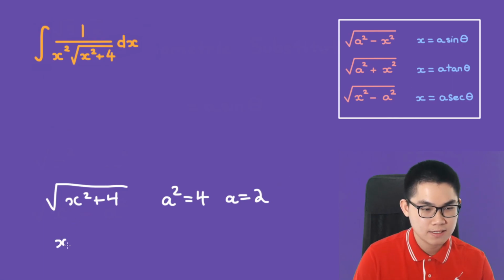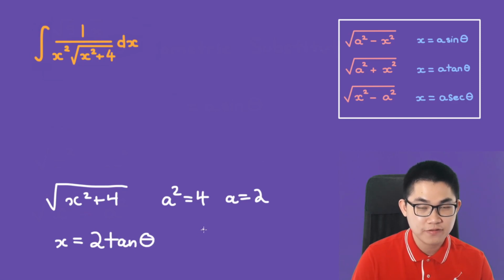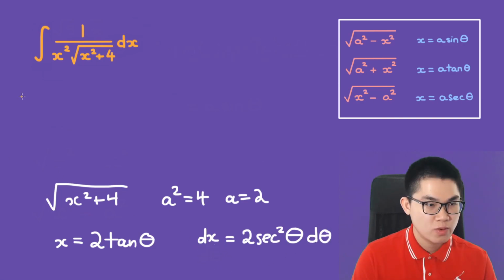So x equals a times tangent, and a is 2, so we have 2 times tan. And we also need to find the derivative. So dx over d theta is equal to 2 times secant squared. Then we multiply both sides by d theta. We will have the integral of 1 over x squared.